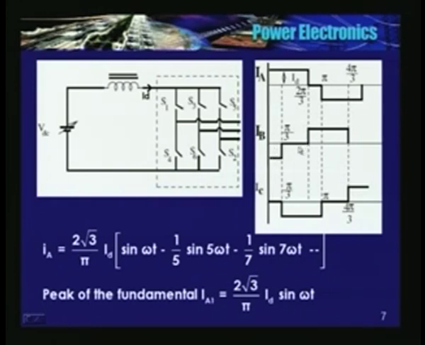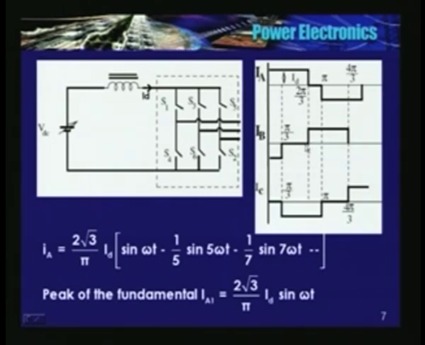In the B phase, when S1 turns off, S3 should be turned on, because this path should be completed. There has to be a path for ID.